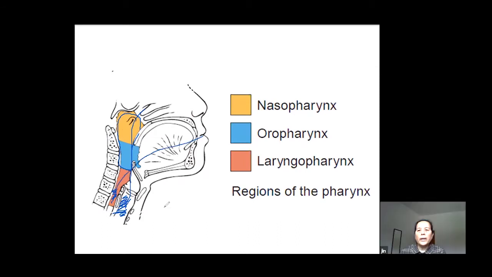So how do we control it? Right, this cartilage. This cartilage can move. They are connected with the root part of our tongue. So when we're eating something, especially when swallowing, the tongue moves backward. When the tongue moves backward, it moves this cartilage backward also.